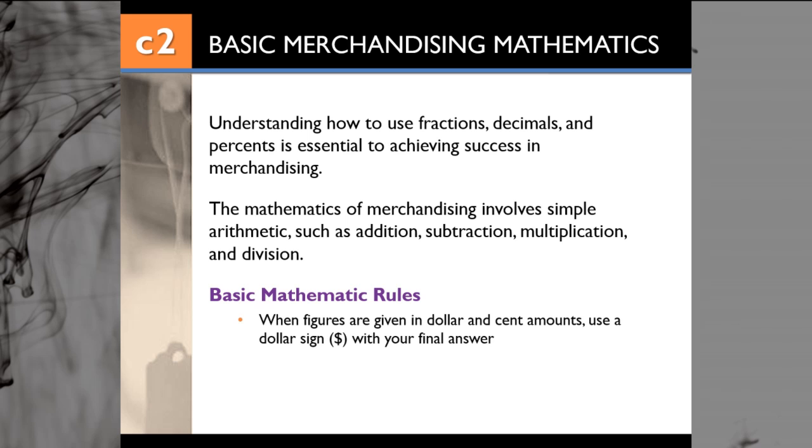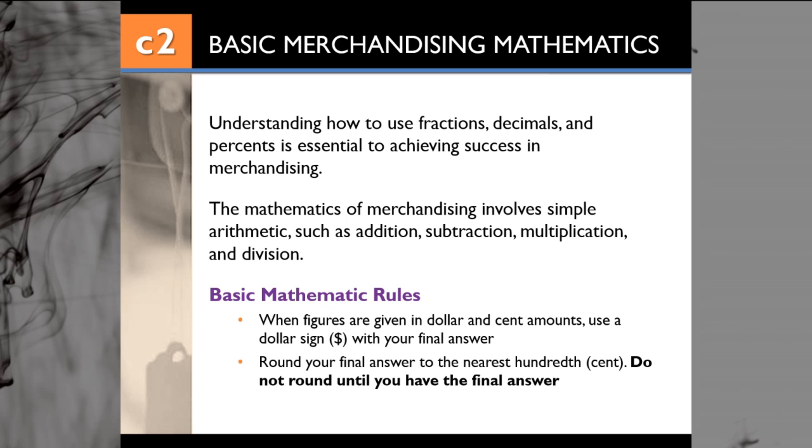The first one: when your figures are given in dollar and cents amounts, you will use the dollar sign with your final answer. You have to make sure what your question is asking, and if it's asking for a dollar amount, make sure to use the dollar sign with your final answer. Put it in front of your answer.